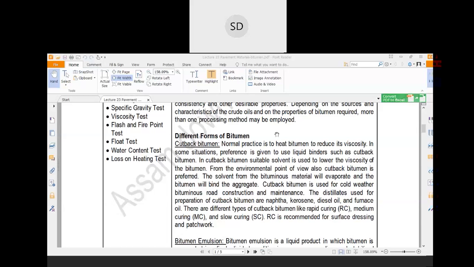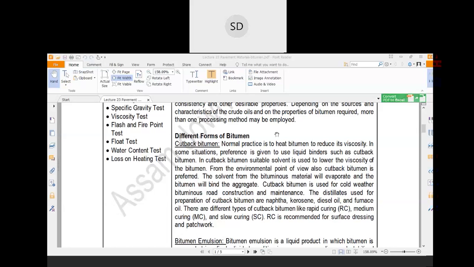Why volatile material? Because whenever they are in contact with the air, they evaporate. That's why it is called volatile material. Now in cut-back bitumen, you mix bitumen with this type of volatile material.